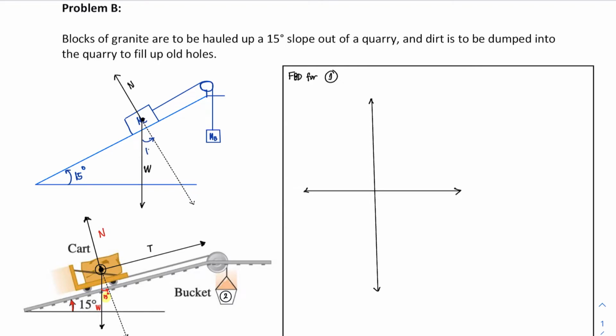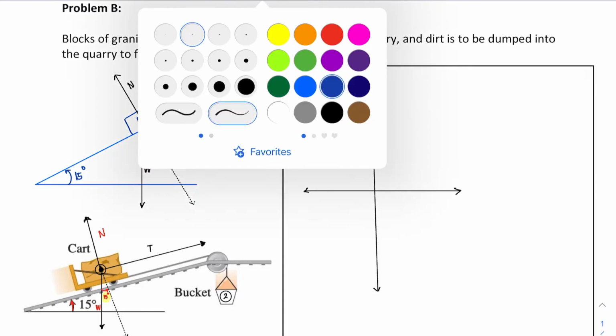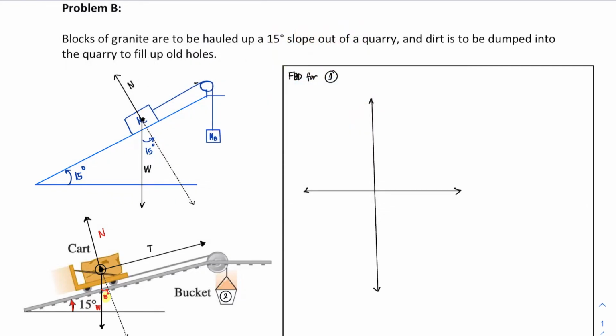So this is also your 15 degrees. And again, we know that force in the form of tension due to the string is going towards your right. So, I will call that T1 na lang. This is also T1. Okay?